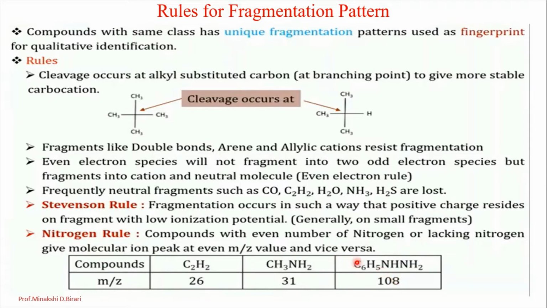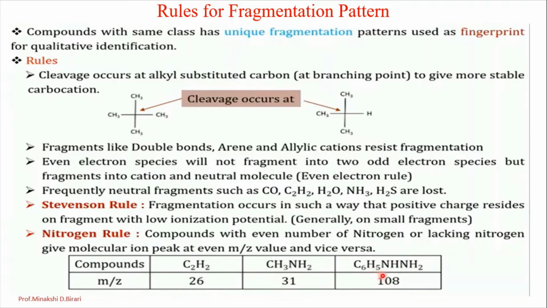When we look at the mass to charge values, for no nitrogen or the compound lacking nitrogen, it shows an even mass to charge value. Whereas the compound having one nitrogen, that is an odd number of nitrogens, has an odd mass to charge value, and the peak is observed at an odd m/z value.